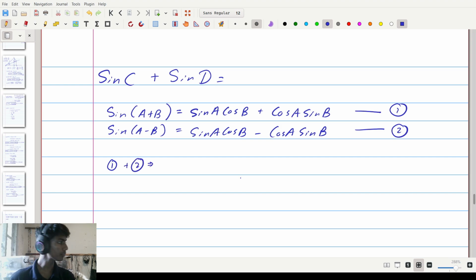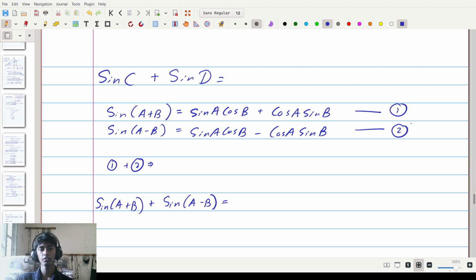And when you add 1 plus 2, we get an equation of sine of a plus b plus sine of a minus b. On the left side of this equation, we have sine a plus b plus the sine of a minus b. On the right side, let's analyze what we have.